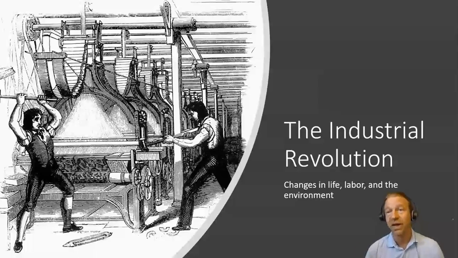Now, of course, we know that revolt fails. And the machines go forward, and the world will never go back to a massive use of hand spinning or weaving again. But it speaks to the extent to which mechanization, the Industrial Revolution, affects the way people live, affects society.